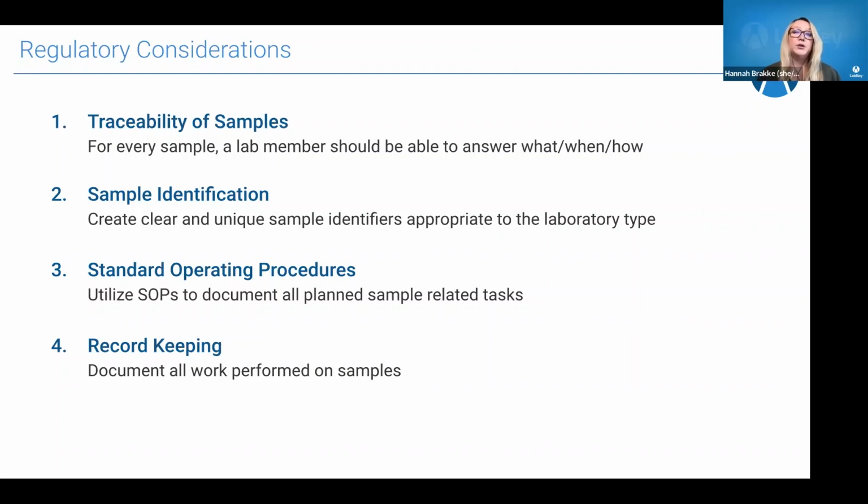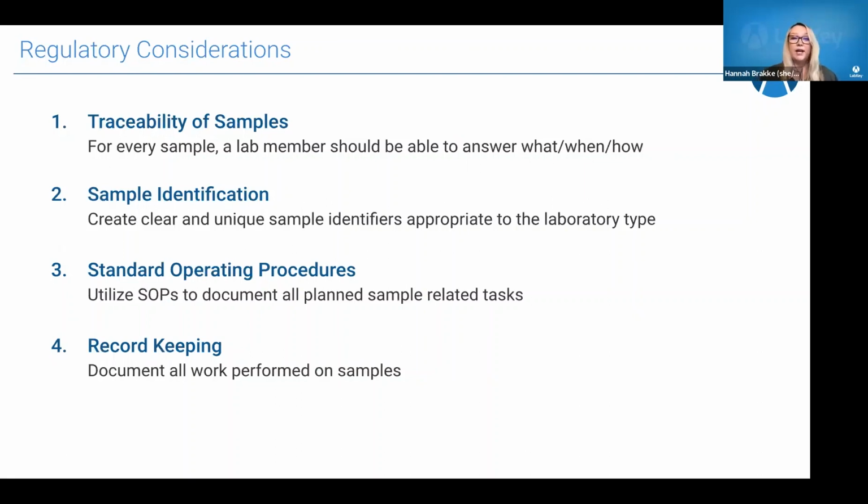And the short version of this is really for any sample that you receive into the lab, any lab member or auditor, somebody coming in, should be able to answer what that sample is, when that sample might have gotten received into the lab, when it got stored, when it got processed, and then the how questions. How did those things happen? What were the procedures around that led to that result or led to that sample being generated?